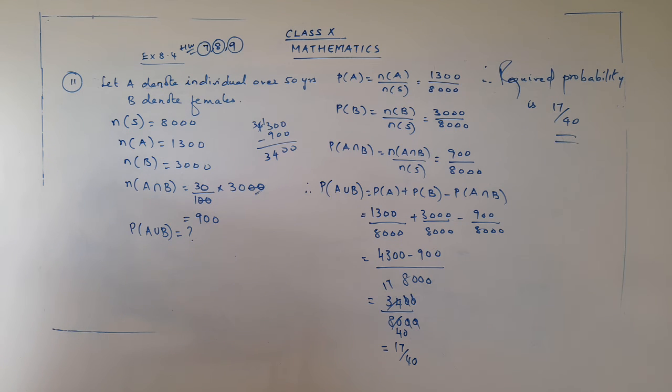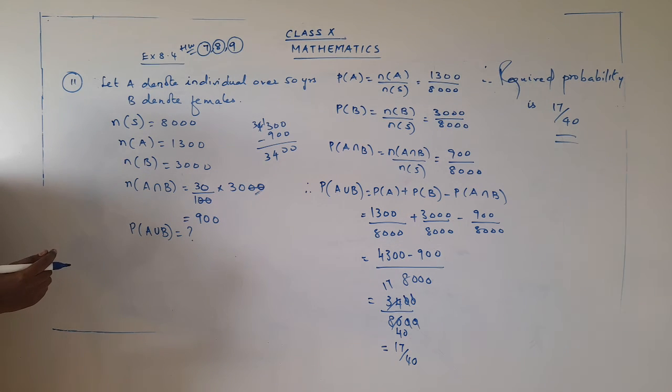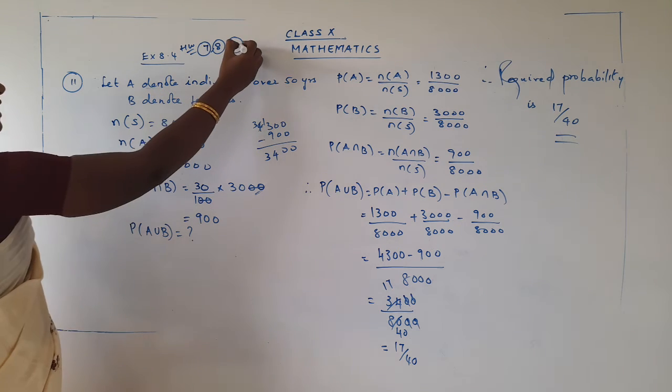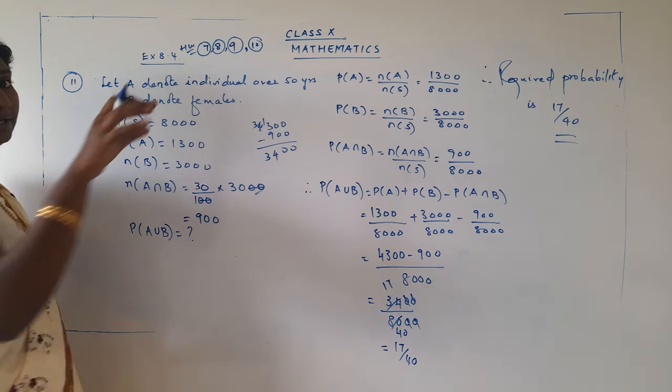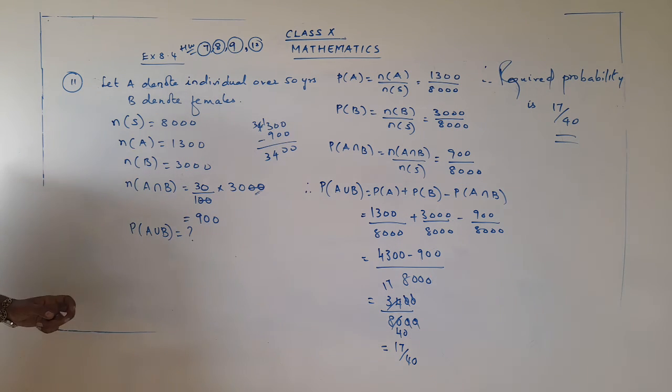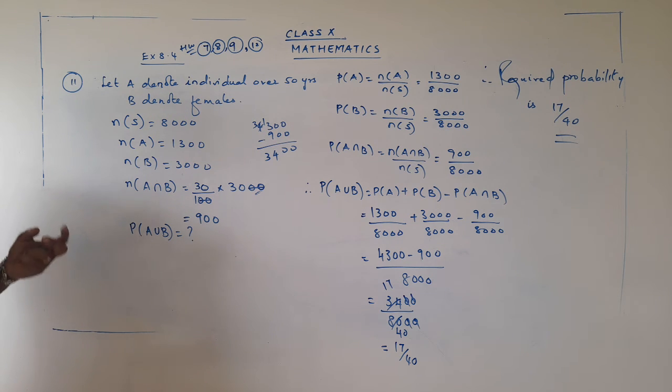I have one more sum for your homework. You are going to complete sum number 12 as homework. I'll just give you a hint for sum number 12. See, sum number 12 is like your sum number 9. And already we have done the sample space for tossing a coin 3 times.